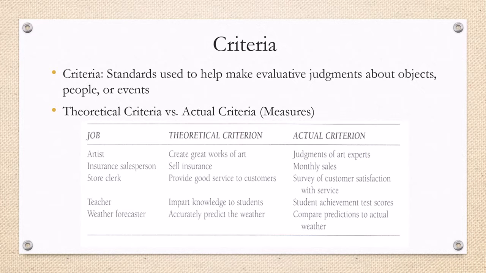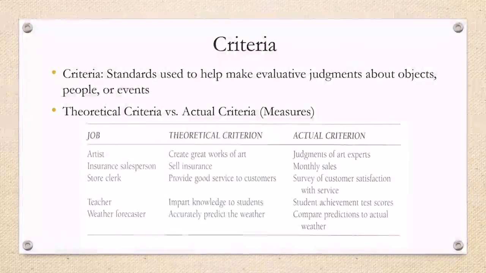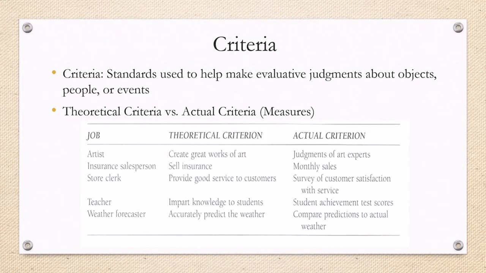For an insurance salesperson, their theoretical criterion is to sell insurance. But what do we actually look at? It may be the monthly sales. And a store clerk should be providing good service to customers. And how do we find that out? It may be through a survey of customer satisfaction.